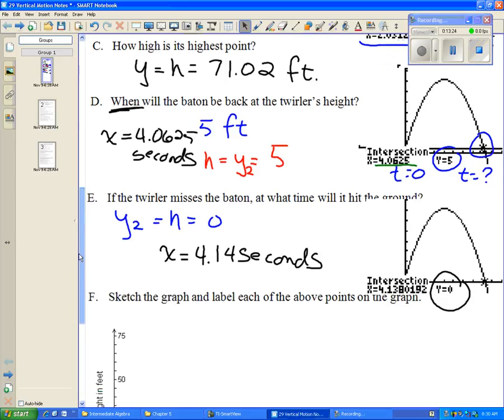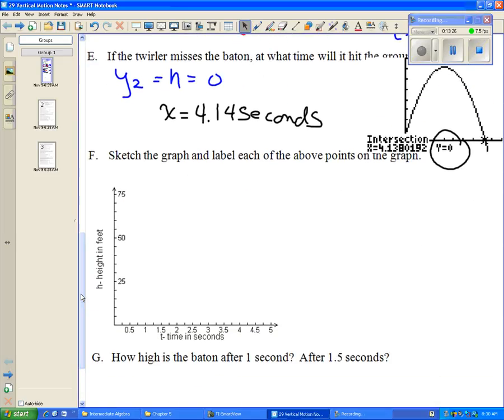So let's go ahead and do letter F. Letter F says, okay, sketch the graph and label each of the above points on the graph. So here's my graph. My parabola starts outside, 5, 10, 15, 20, 25. So it's going to cross the y-axis at 5.